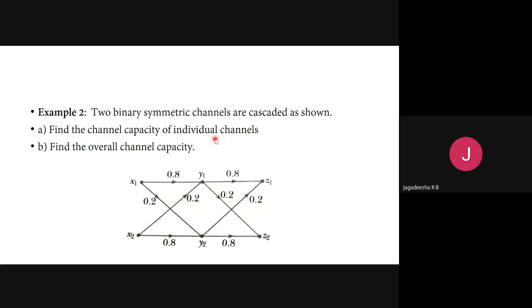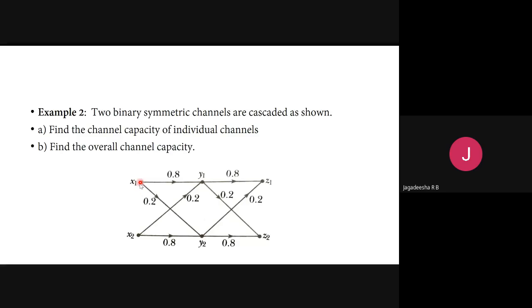Okay, so the first step, whenever you find a channel like this, is to find out the conditional probability of the output, right? So here, since there are two channels combined, one from X to Y, other from Y to Z, we will call the channel from X1, X2 to Y1, Y2 this part as the first stage, and the channel from Y to Z, that is Y1, Y2 to Z1, Z2, that part we call the second stage.